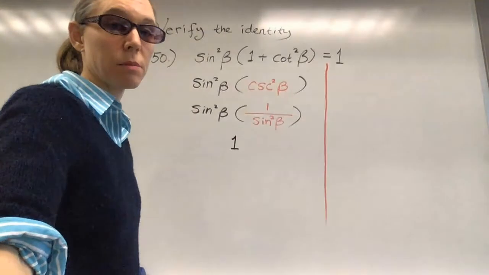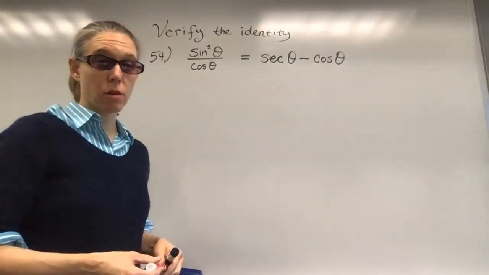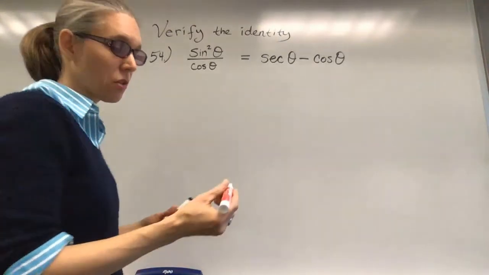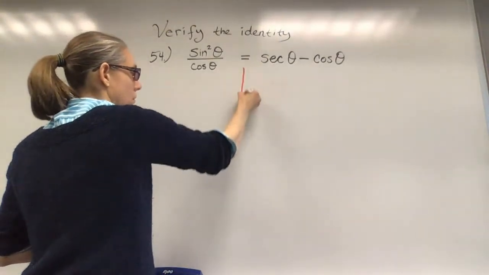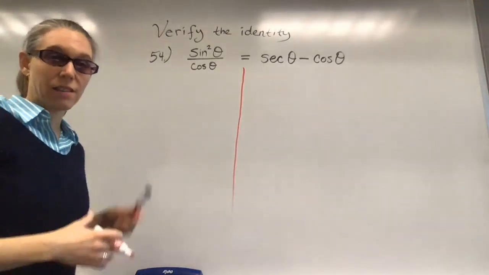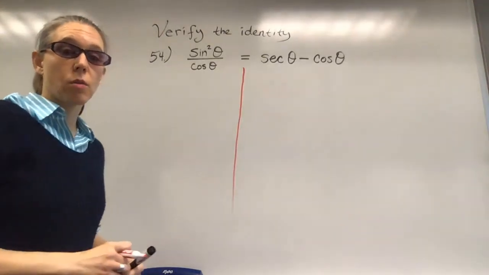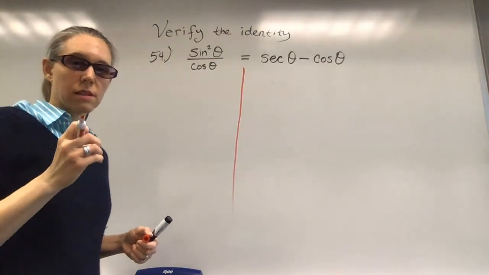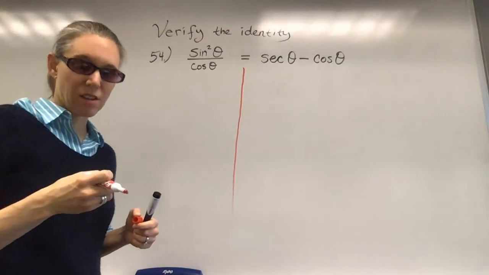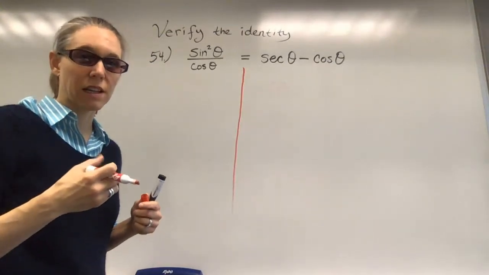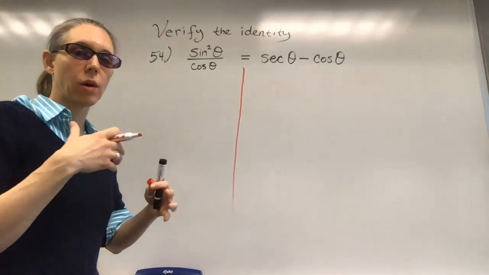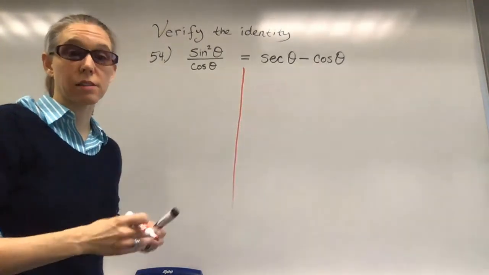Okay, next problem. Here's number 54. This is on page 209. First, I'm going to draw a line under the equal sign. How do you choose whether to work on the left-hand side or on the right-hand side? Well, I'm drawn towards addition and subtraction, because often addition and subtraction require you to get common denominators, and whenever you're seeking common denominators, it gives you a way to transform an expression.